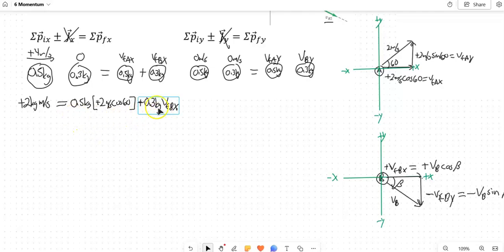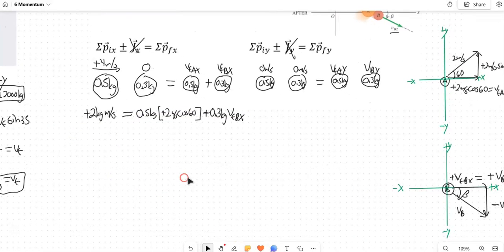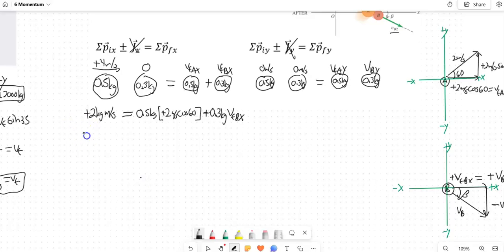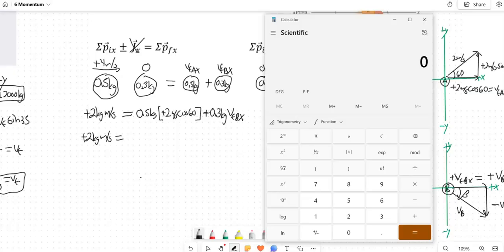Let's figure out what V final B X is. This is still positive 2 kilogram meters per second. And this is going to be 0.5 kilograms times 2, so that is just 1, and cosine of 60 degrees, which I think is a half.